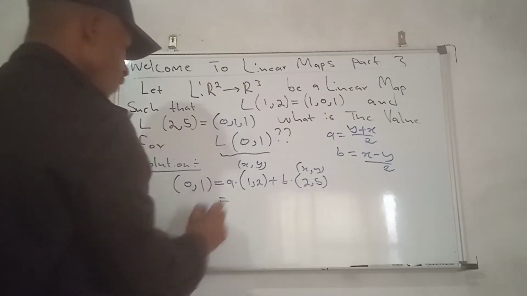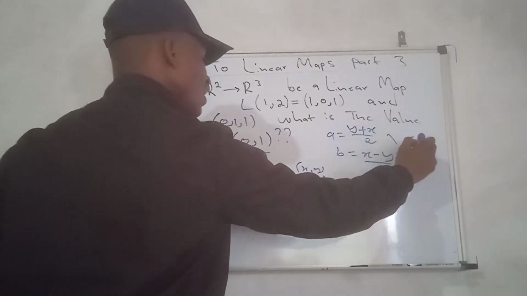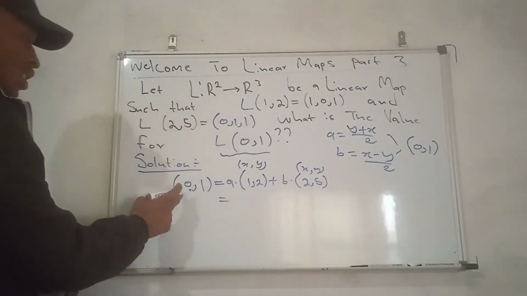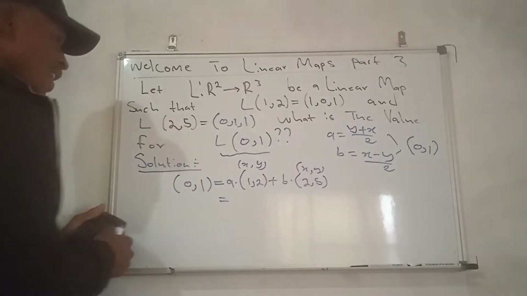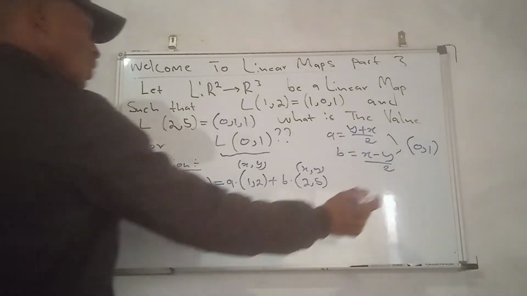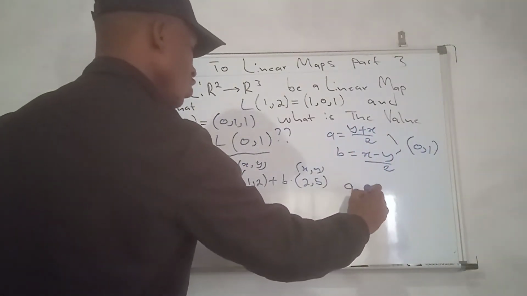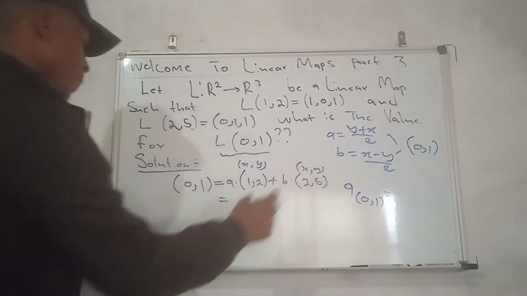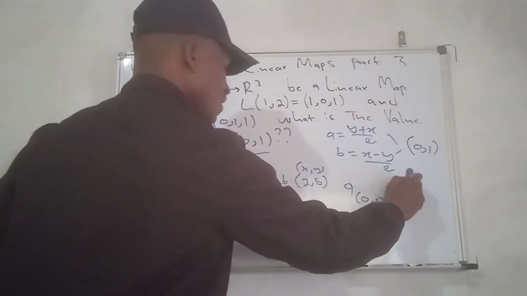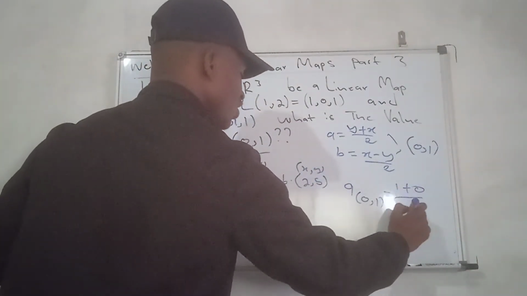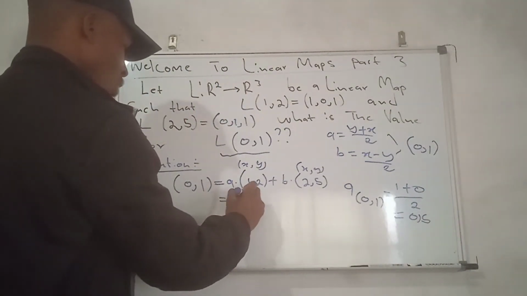So let's find the value of a. We are going to compute it using what we are given, which is (0, 1). What is our y? Our y is 1. And what is our x? Our x is 0, divided by 2. This is just 0.5. So my value of a is 0.5.